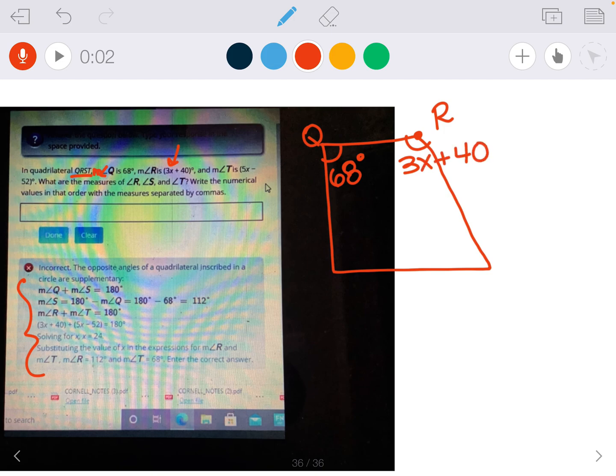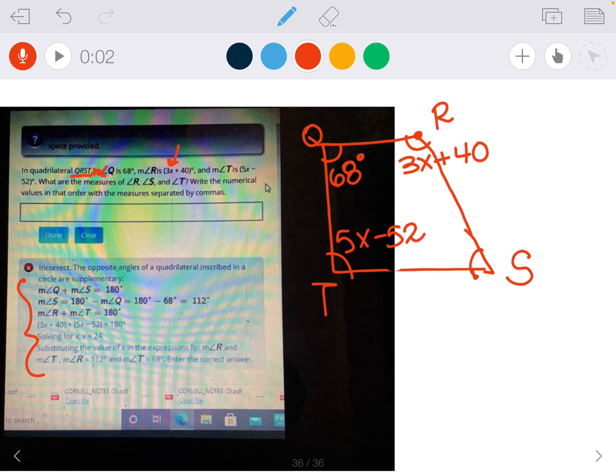The measure of angle T, I'm going to call this one T, is 5x minus 52. Now, QRST means I also have an angle S here somewhere, right? What's likely is that S should have actually been here, kind of go in order. It didn't tell me anything about S, but it did tell me about T.